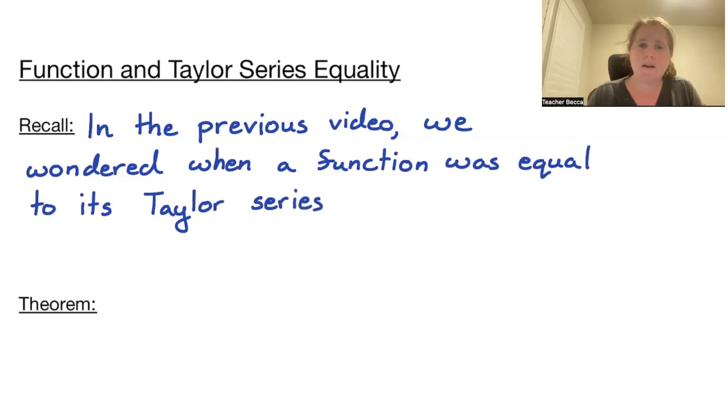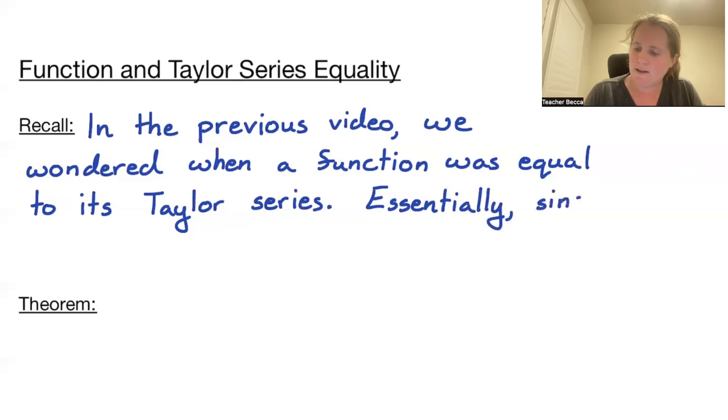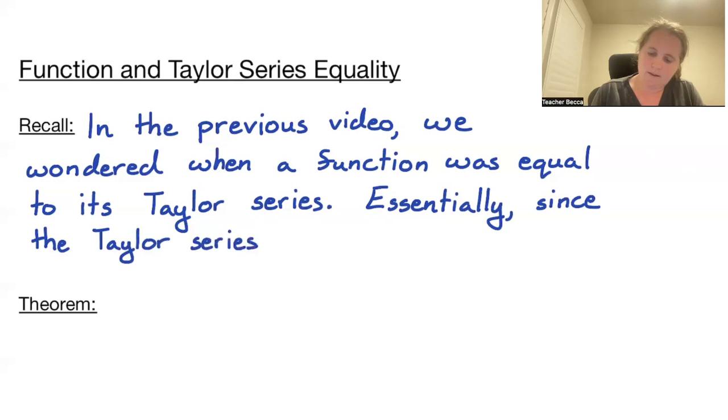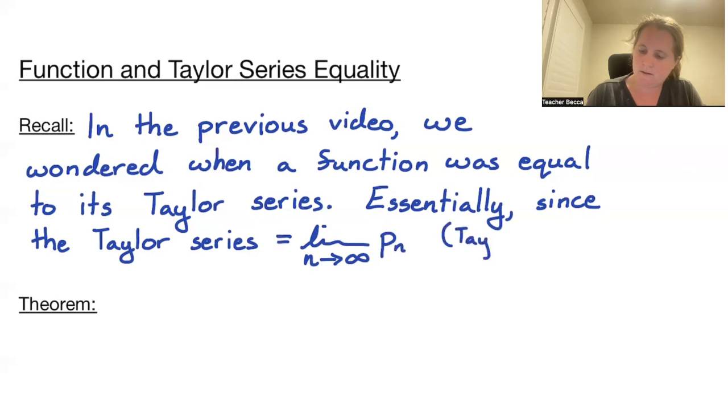And essentially, since the Taylor series is the limit as n goes to infinity of our Taylor polynomials, essentially we just need the error to go to 0.